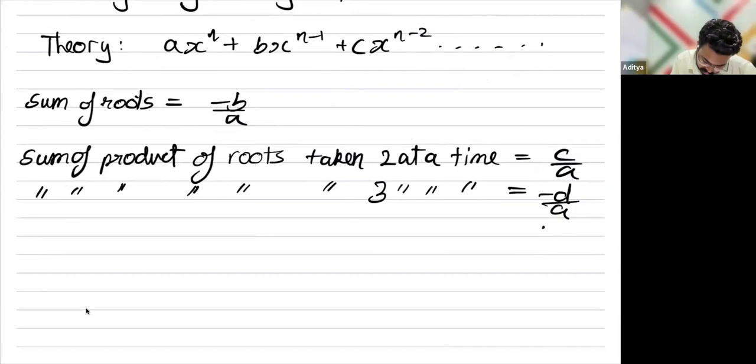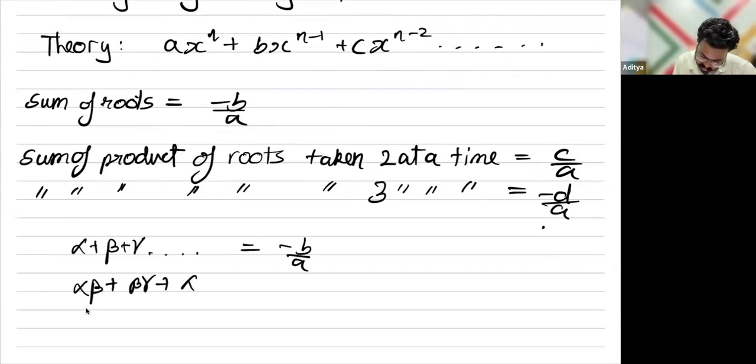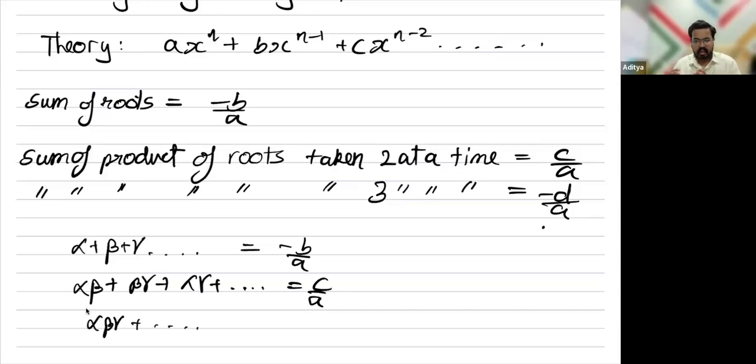So alpha plus beta plus gamma and so on is equal to minus b by a. Alpha beta plus beta gamma plus alpha gamma and so on is equal to c by a. Alpha beta gamma plus other possible three at a time product of roots will be minus d by a, and so on.